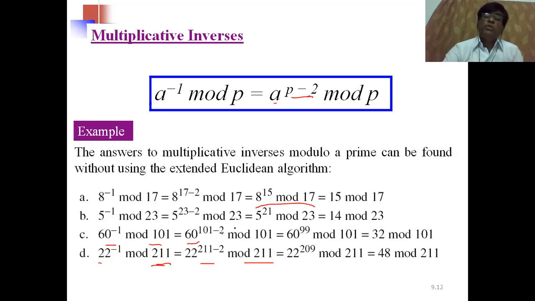Otherwise 5 power 21, we will get a very big value. After getting that result, you can divide that result by 23, then we will get the answer. But how to calculate these big values? 8 power 15. Otherwise, how to calculate 60 power 99? This is a very, very big value.